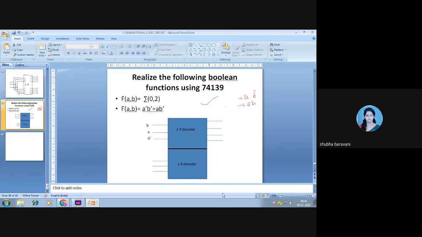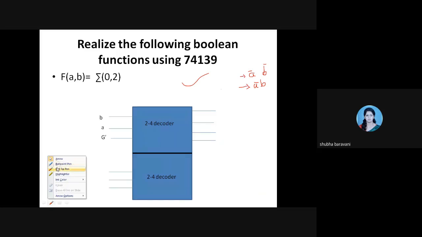So I'll have a bubble here at the outputs, and I'll have a bubble at the input of the enable. And what value should the enable be, 0 or 1? It has to be 0 so that your decoder gets enabled.